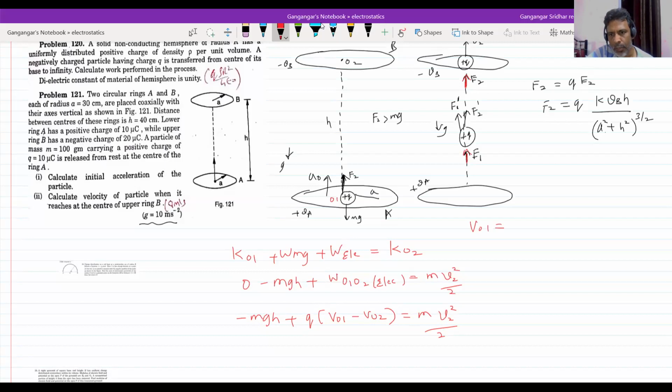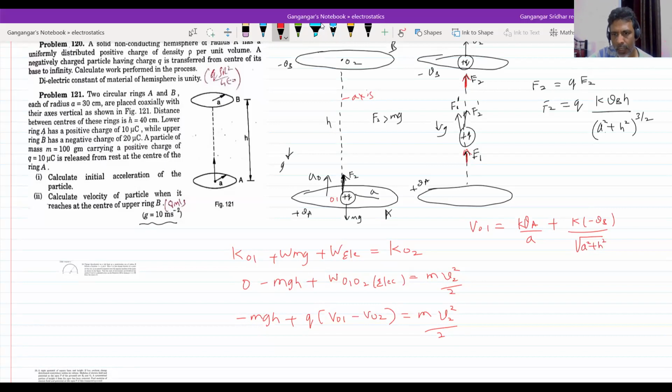due to QA, K QA by A. And O1 lies on the axis of the ring B, so there it should be equal to minus K QB by root of A square plus X square.